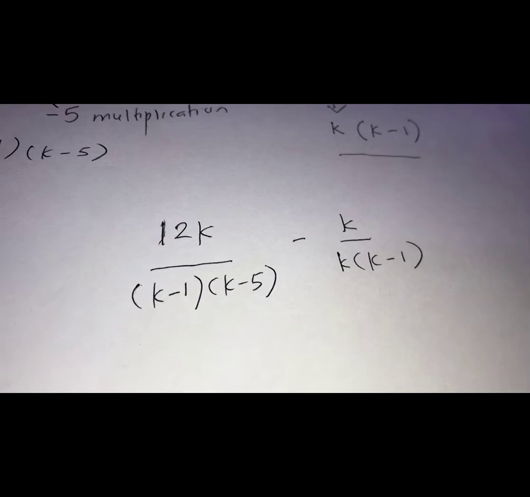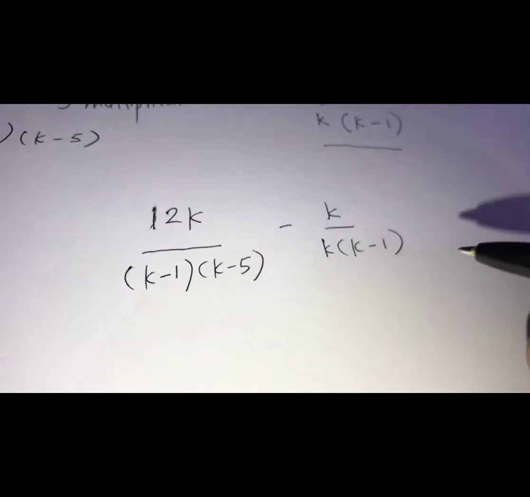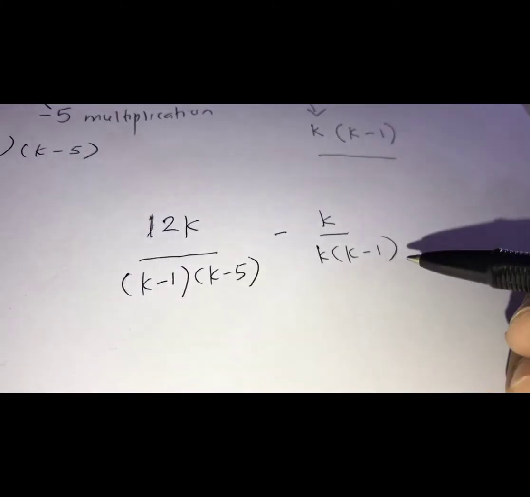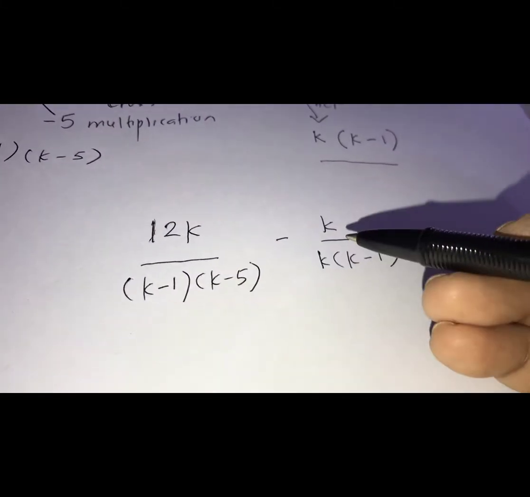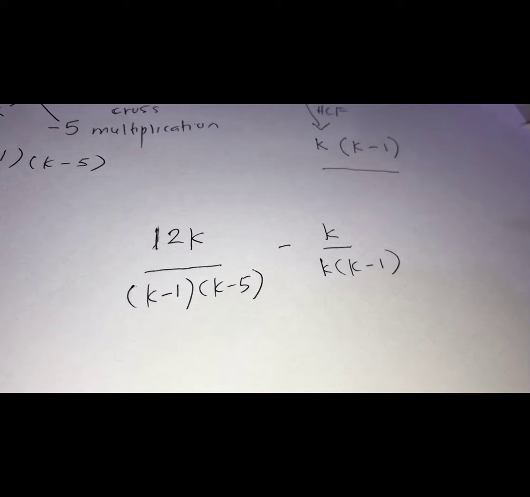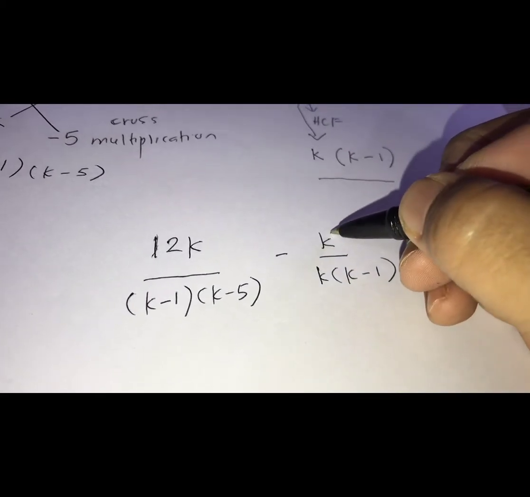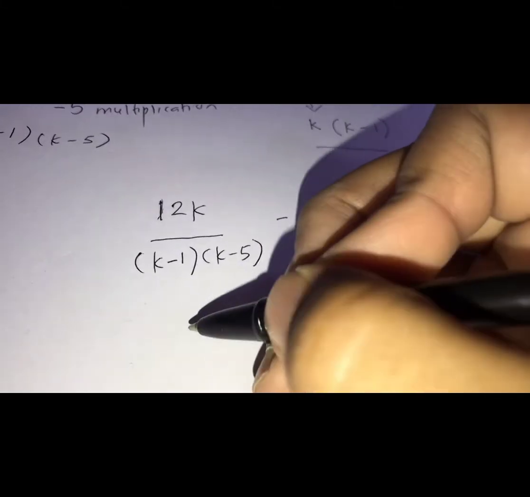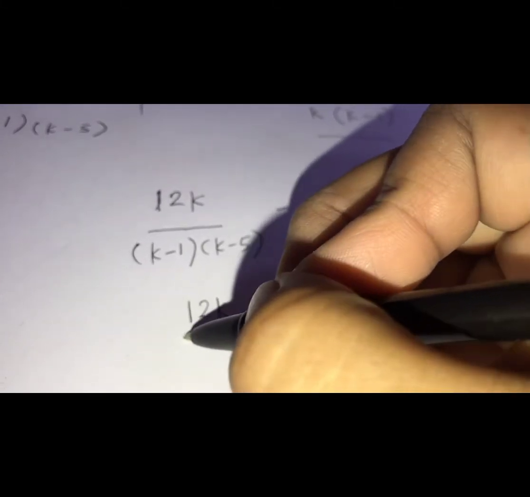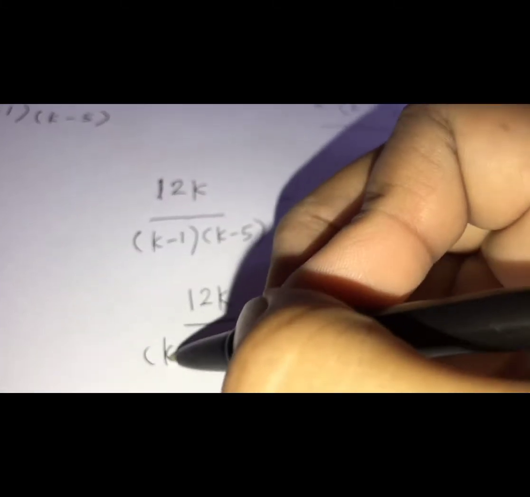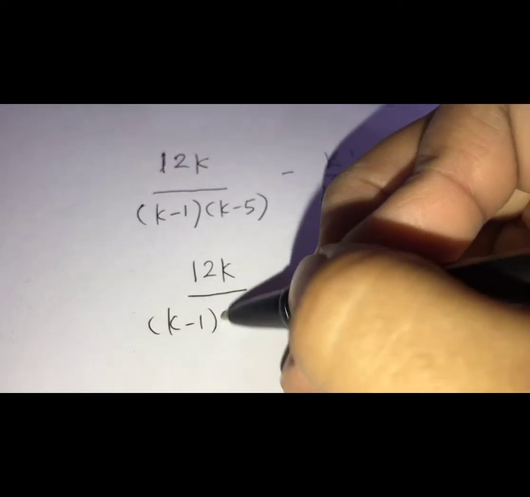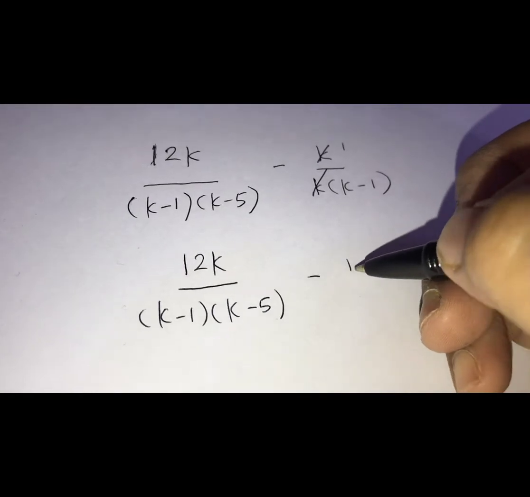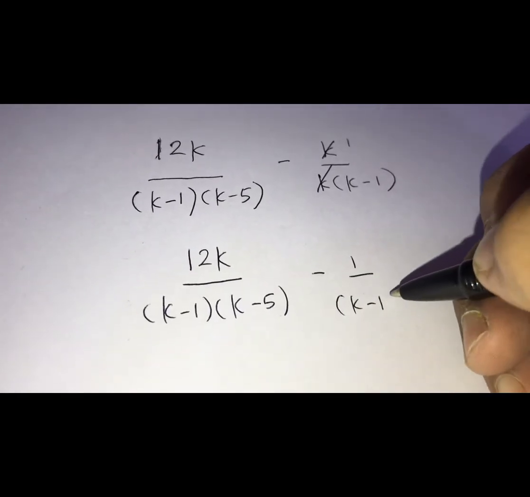Then after that, you have to make the denominator the same, right? So if up and down you can cut, you can simplify by here 1. So we get 12k over k minus 1, k minus 5, minus 1 over k minus 1.